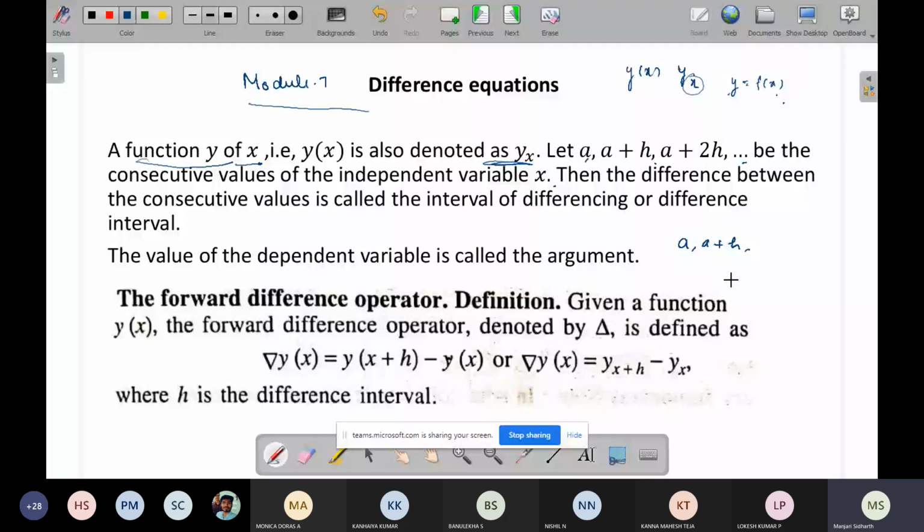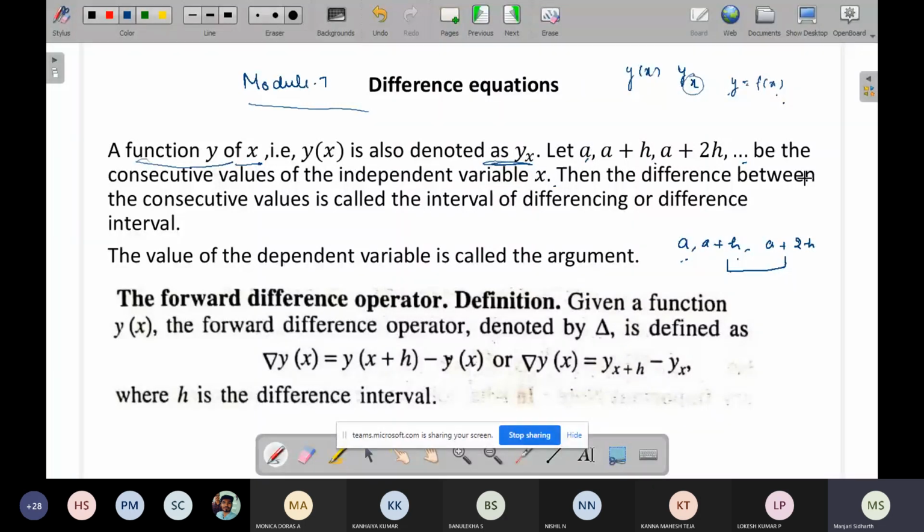Like here we have h units of difference, then a plus 2h, between these two again the difference is h units, right? So it is defined on the same intervals. So a plus h, a plus 2h, and so on, with the consecutive values of the independent variable x.